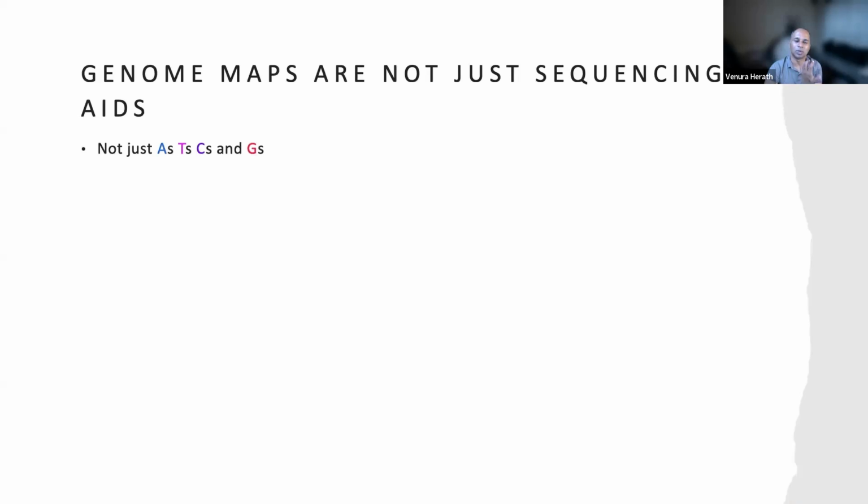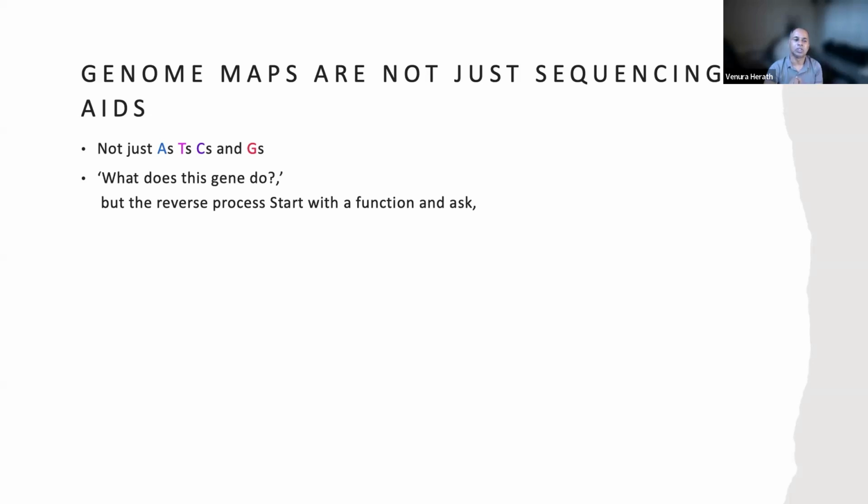In the good old days, the question we were asking was, what does this gene do? But later on, we thought of a more reverse approach, asking which gene is responsible for this characteristic or trait, because both are equally important.